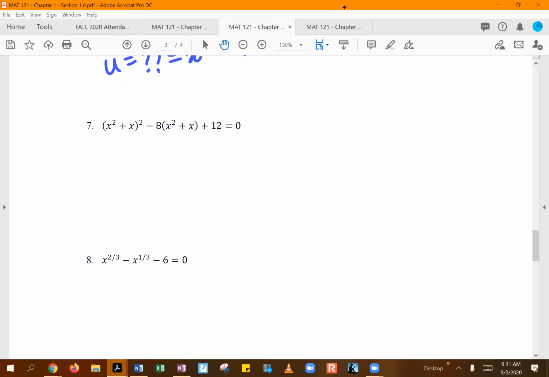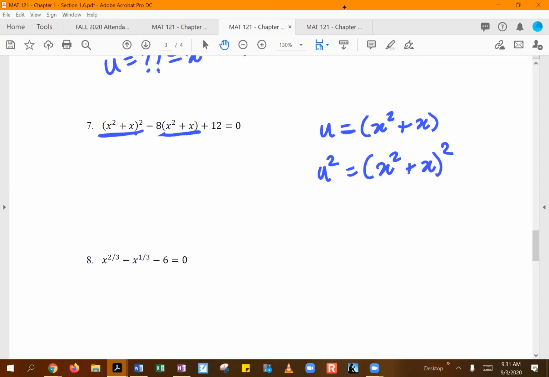When you're looking at number 7, again, just the variable part is what we use for our u substitution. So our u is going to be just that x squared plus x part. And again, if I do a square on both sides of this, you will notice that comes out to be our first term over here. So same thing, replace that with u squared minus 8.